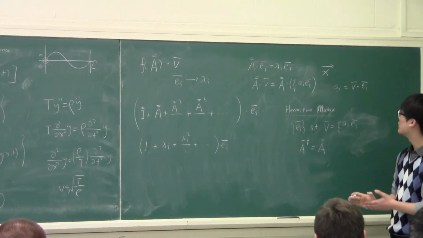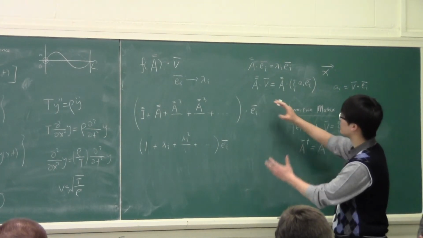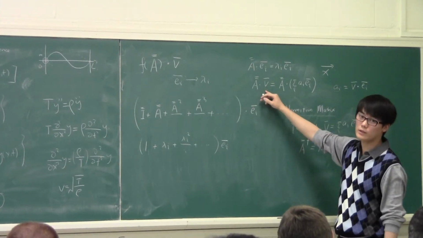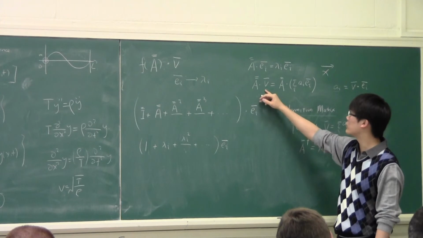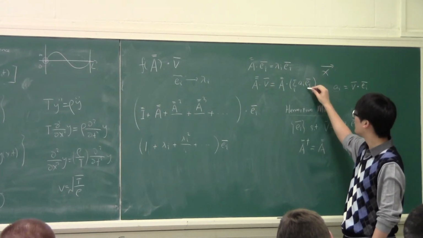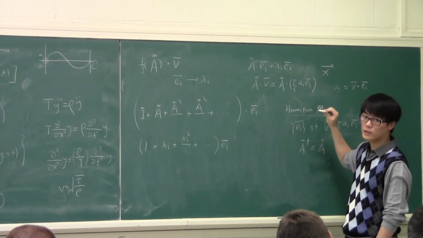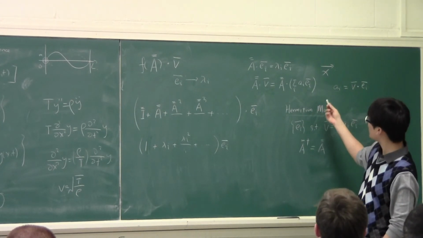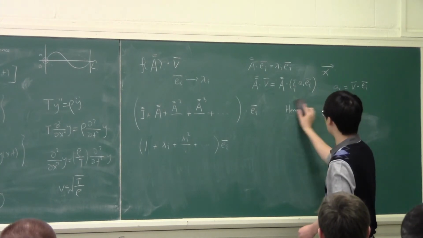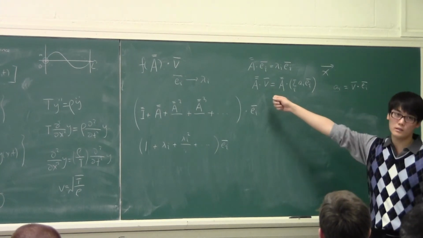Okay. So now, say we have a Hermitian matrix operating on an arbitrary vector. We can compute this by expanding the arbitrary vector onto the basis formed by its eigenvectors. So what is the action of the matrix on this arbitrary vector?